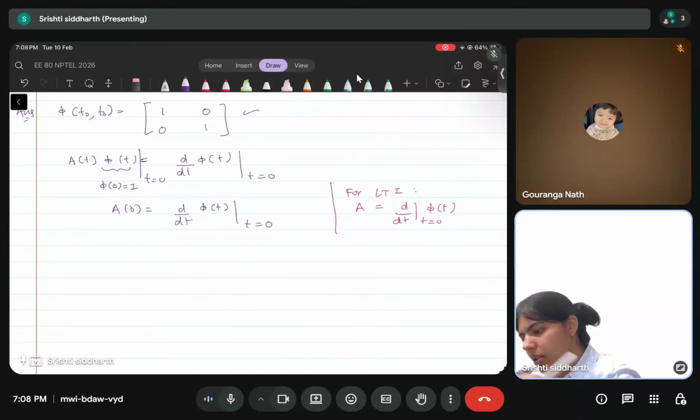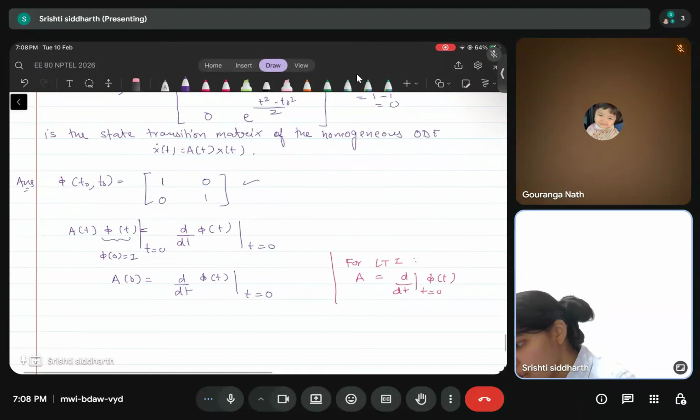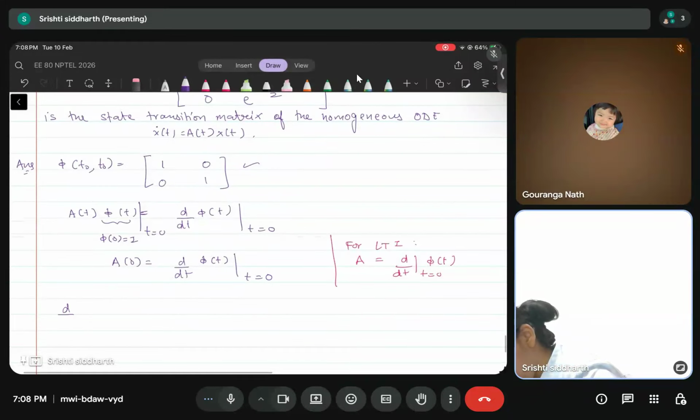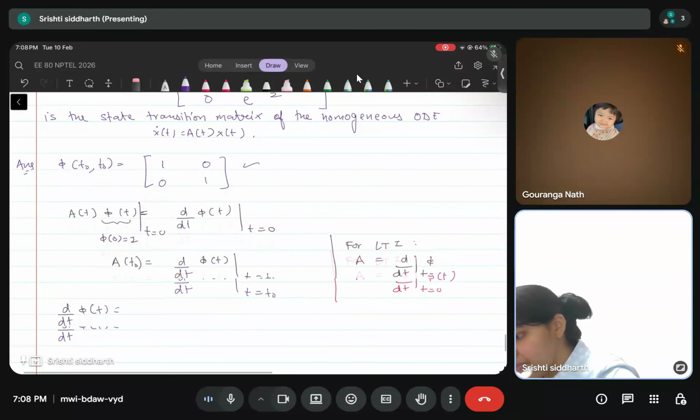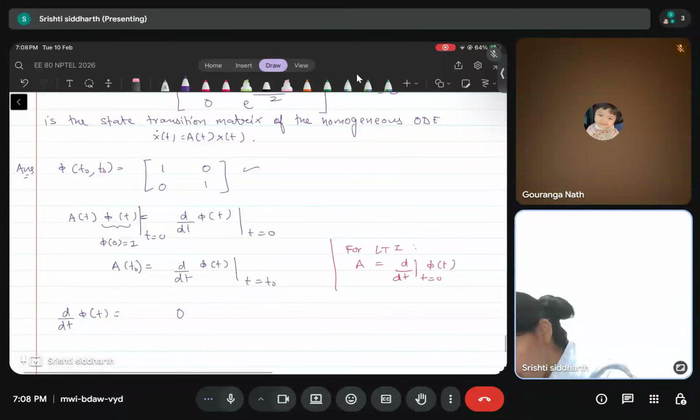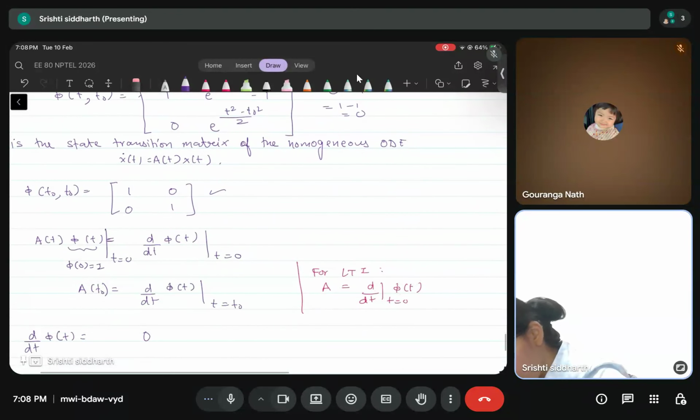Okay, so let's differentiate the matrix. This is at t naught. So d by dt of phi(t) is 0, t naught.